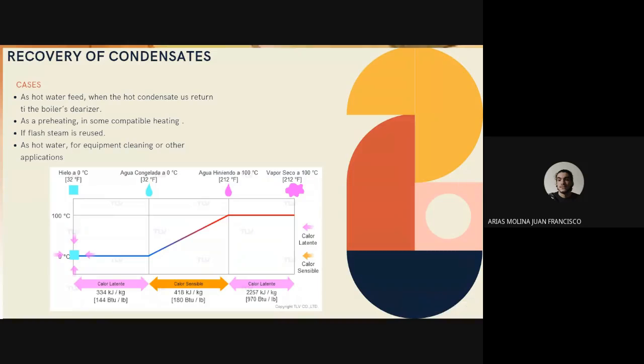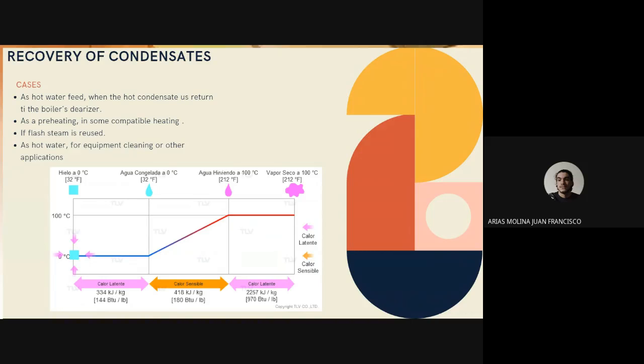The second, the recovery of the condensate. When the vapor condenses, at the very moment when it changes phase, the condensate has the same temperature as the vapor, because only the latent heat has been lost and all the sensible heat remains. This condition is known as saturated water.